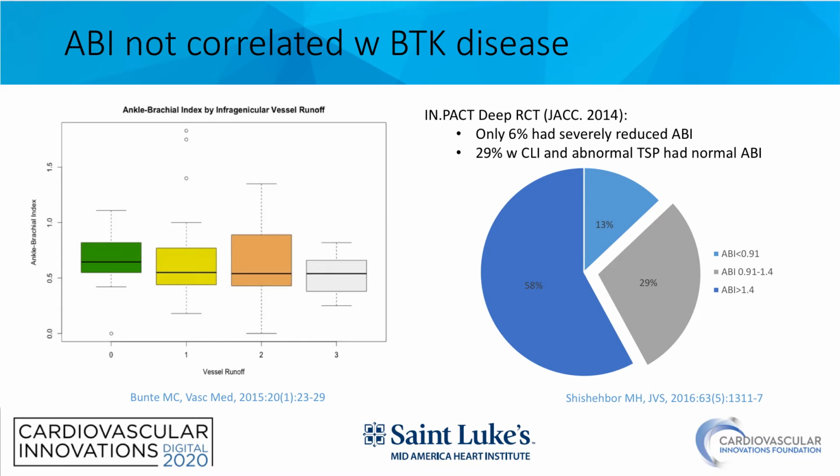The limitations of ABI are well known, however, and the test does not correlate well with below knee disease. Our group showed that the ABI had an inverse relationship with the number of runoff vessels among patients with critical limb ischemia, and these findings were corroborated in the IMPACT DEEP randomized controlled trial data, where only 6% of those with critical limb ischemia had a severely reduced ABI, and fully 29% with critical limb ischemia and abnormal toe systolic pressure had a normal ABI.